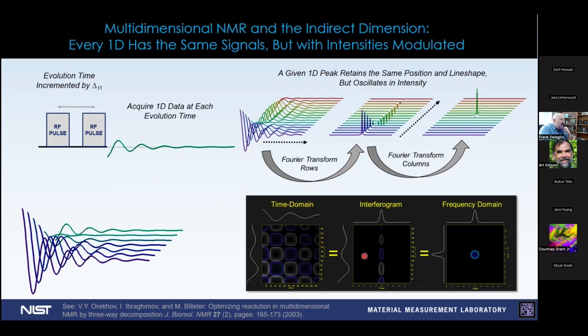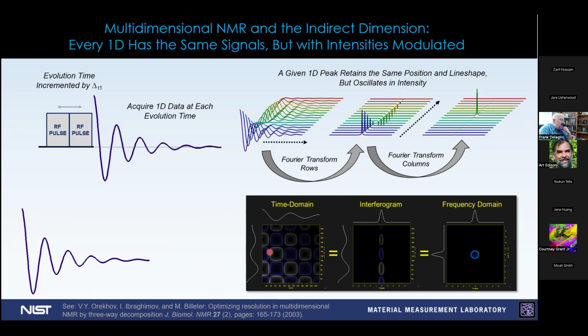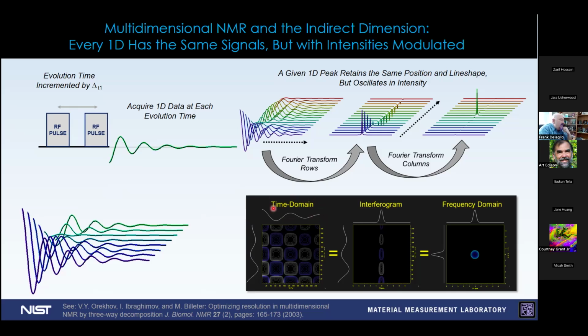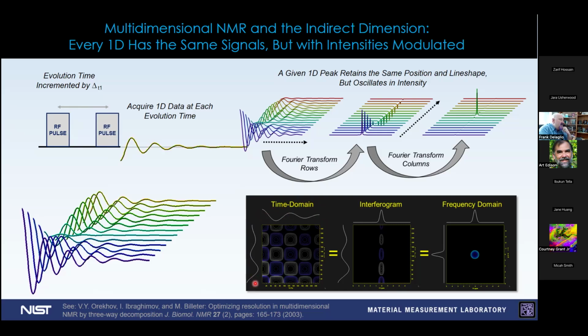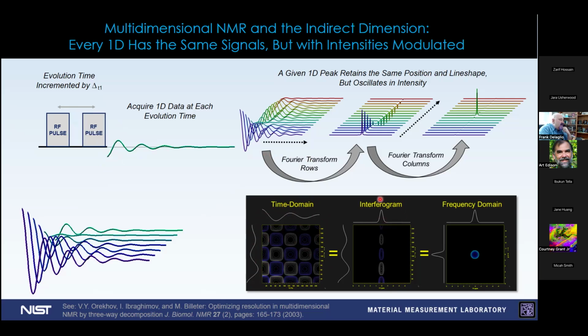So the mathematical implication of this is that a single signal in the time domain, even though it's a 2D matrix, can be represented as the product of a shape in one dimension times a 1D shape in the other. For time domain data, it's a 1D time domain shape, which is a sinusoid, times a 1D time domain shape. That gives us our two-dimensional time domain matrix. If we Fourier transform all the rows of this to generate an interferogram, the same property holds.